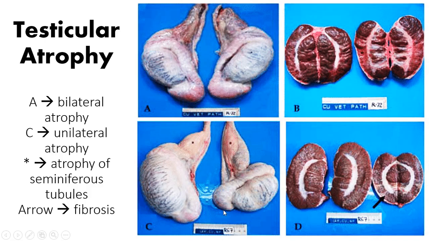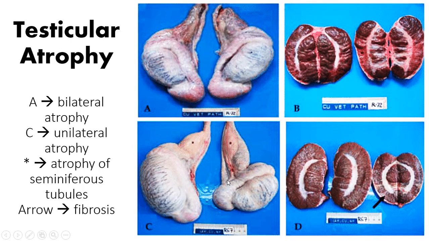So this atrophy is usually characterized by shrinkage of the main tissue of the organs. If we talk about testis, the main tissue is what we call the seminiferous tubules.